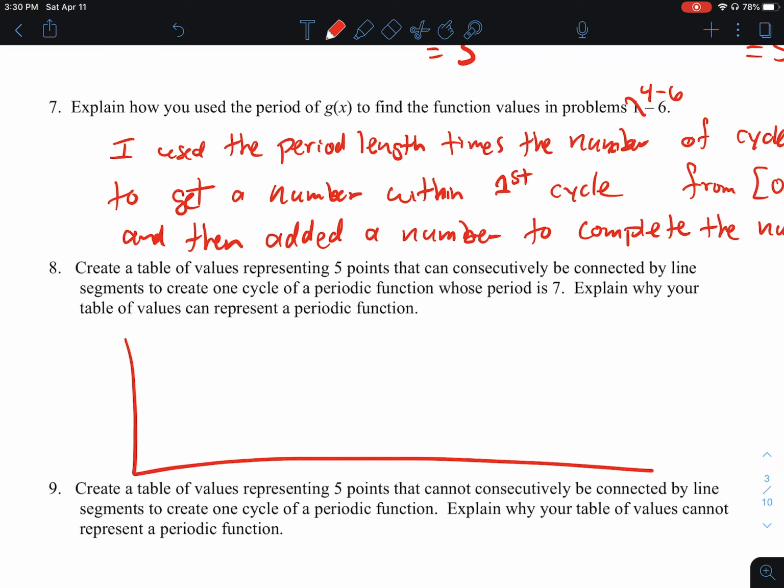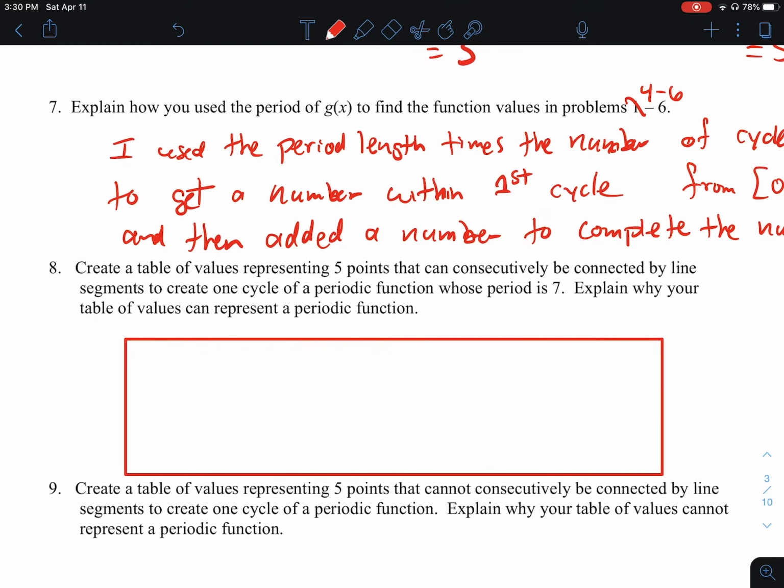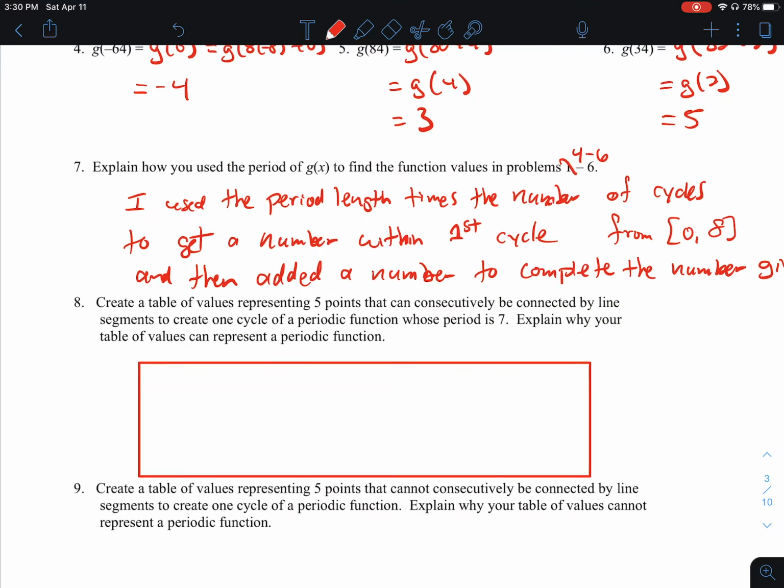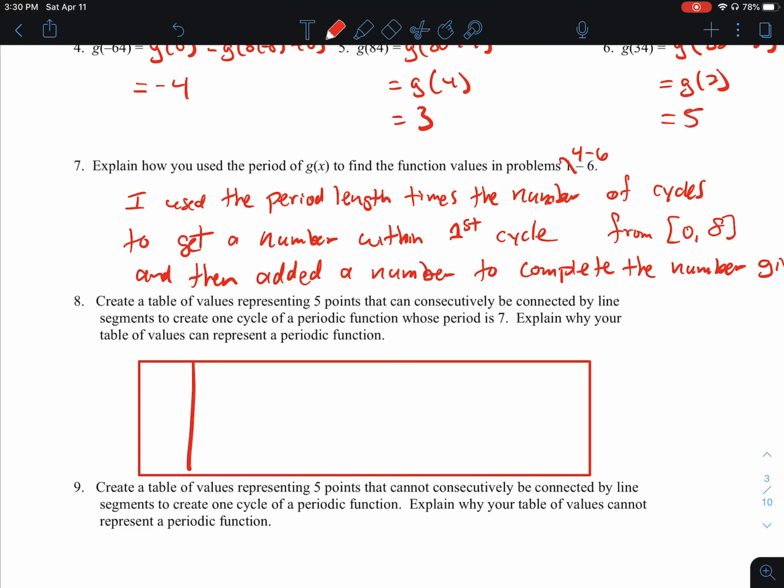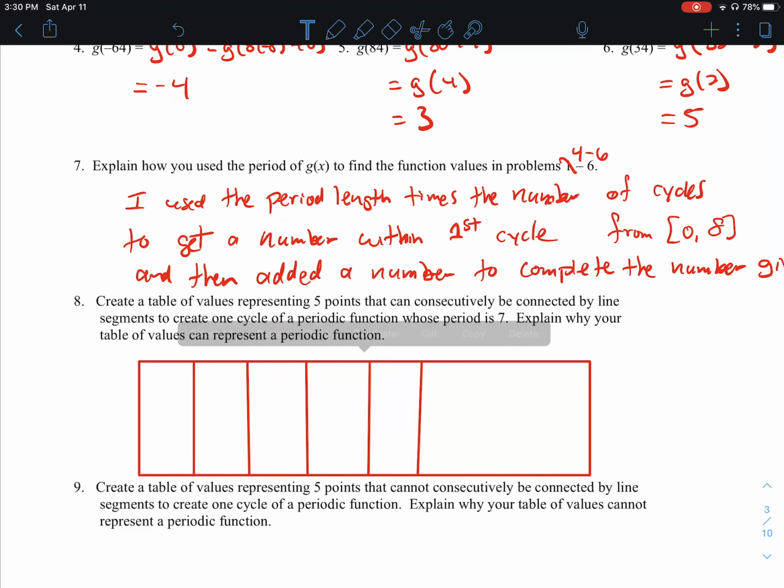I'm going to make a table. I need 5 points. So let me do 1, 2, 3, 4, 5. Let me change this a little bit.